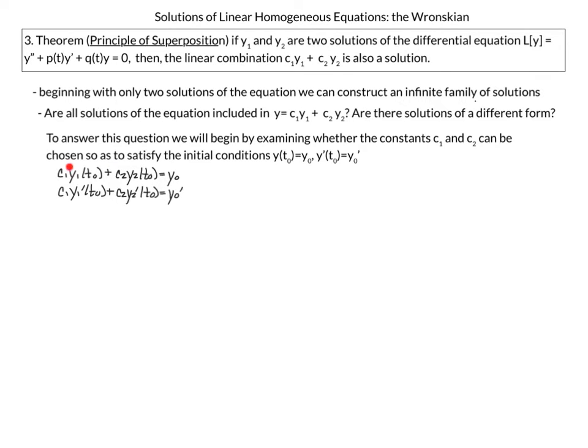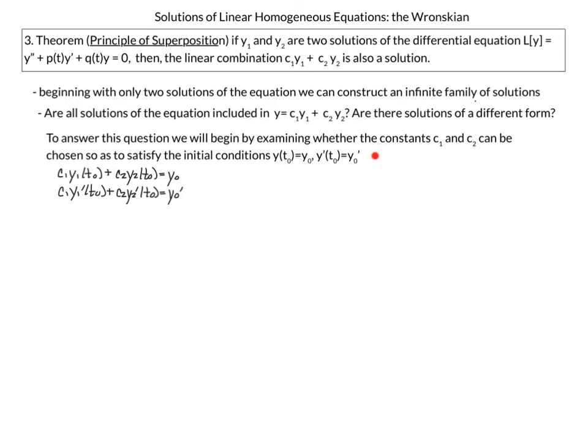Essentially, we have two equations that must be satisfied. We need to choose c1 and c2 so that c1 y1 of t naught plus c2 y2 of t naught is equal to y naught, to satisfy the first initial condition.